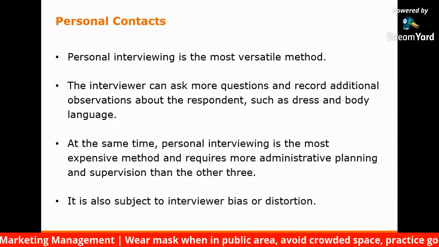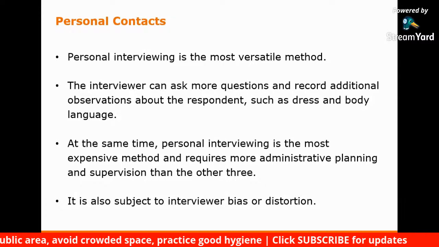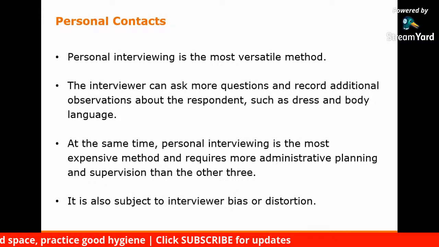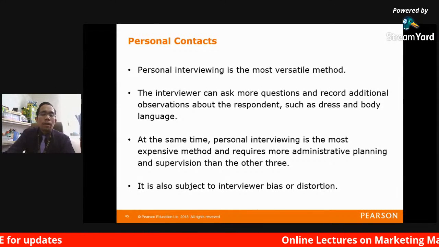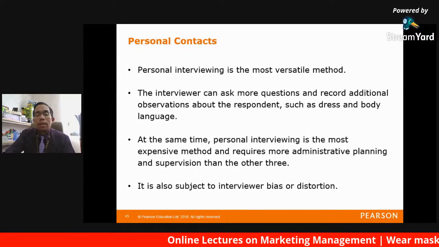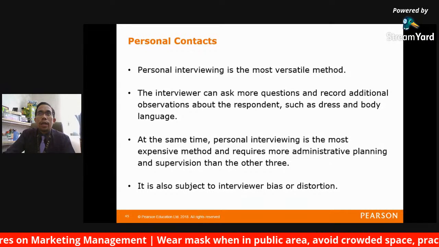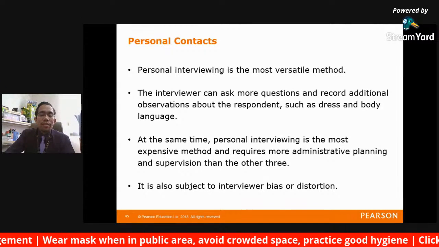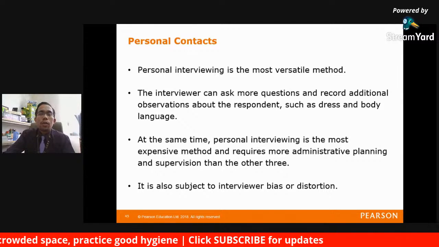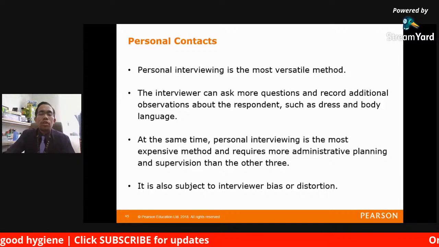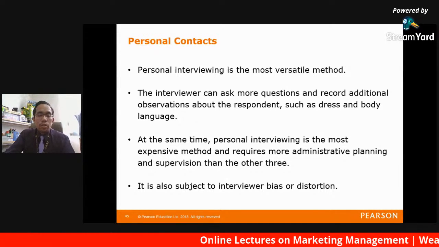Yes, you have the guide, the question set, but when you talk to someone familiar with you, most of the time we sway or lose track, and you end up recording conversation that is not related to your research.